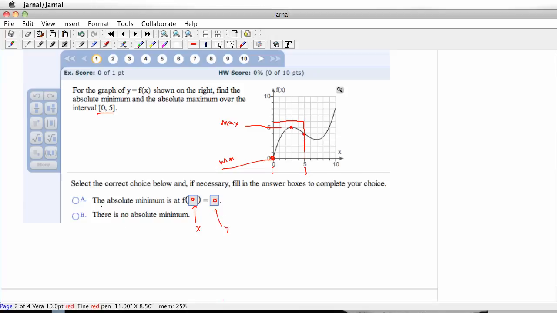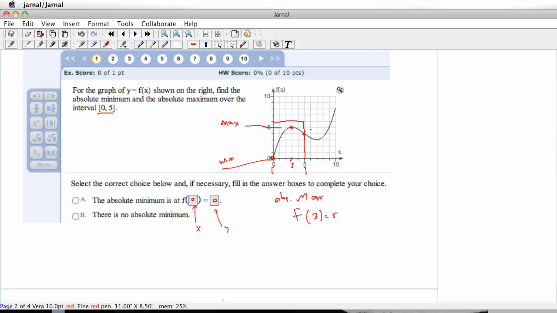For the max, the choice isn't on this screen, but the absolute max is at f of, looks like 1, 2, 3. f of 3 is equal to 5. So when x is 3, the y-coordinate is 5, and that's the biggest y-coordinate that I ever see in this little window.